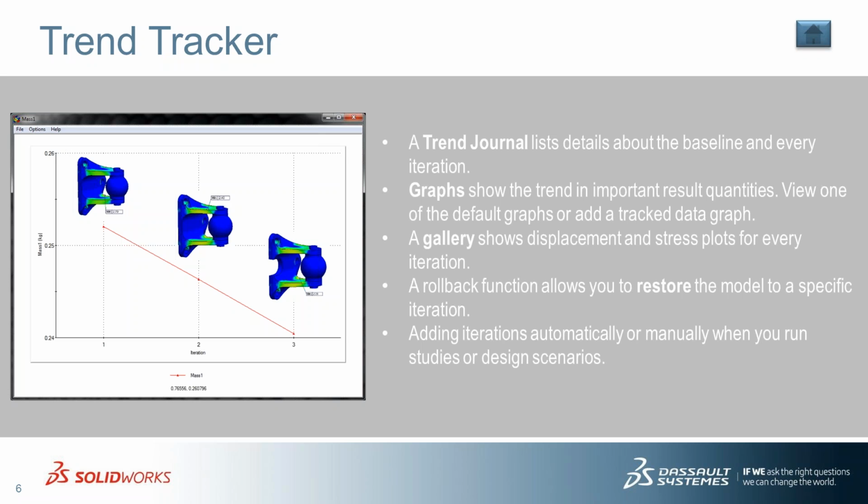View one of the default graphs or add a track data graph. We have a gallery showing displacement and stress plots for every iteration. We have a rollback function which allows us to restore the model to a specific iteration, and we can add iterations automatically or manually when you're running studies or design scenarios.